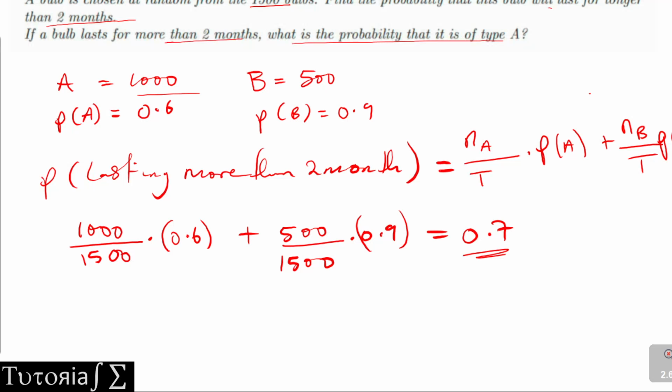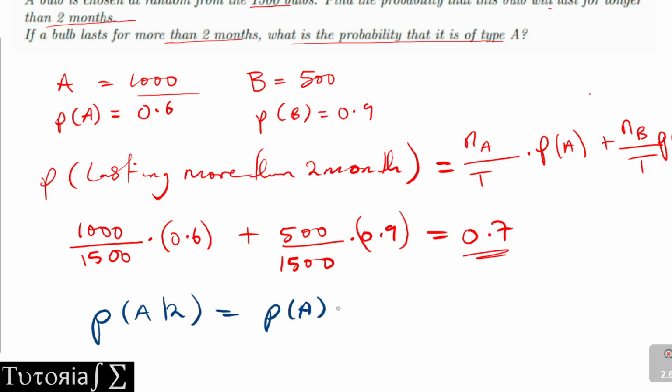So for the second one, the probability of A given 2 months will be equal to the probability of A times the probability of 2 months given that it comes from A, all over the total probability.